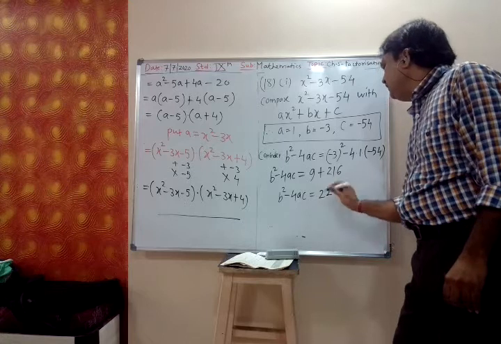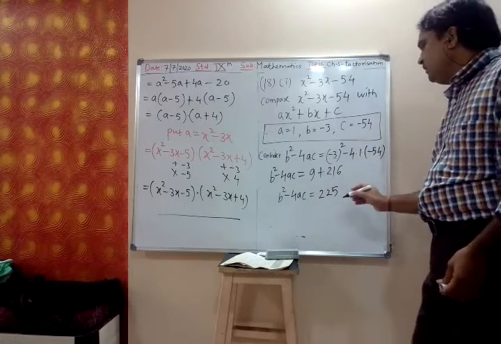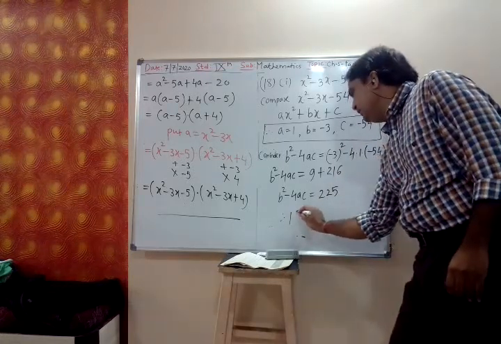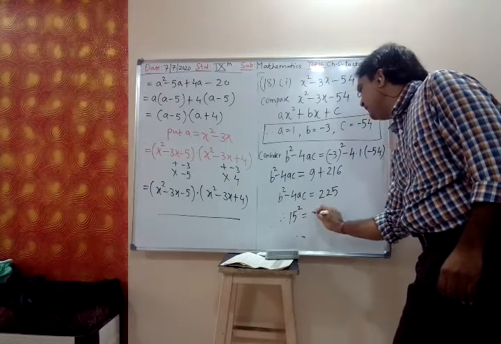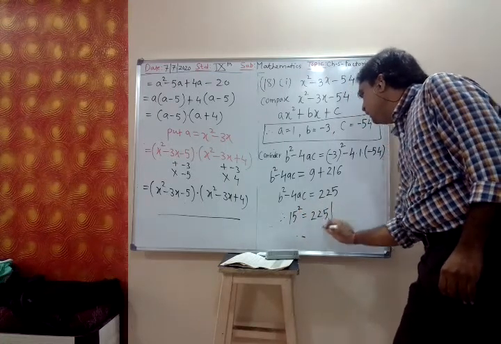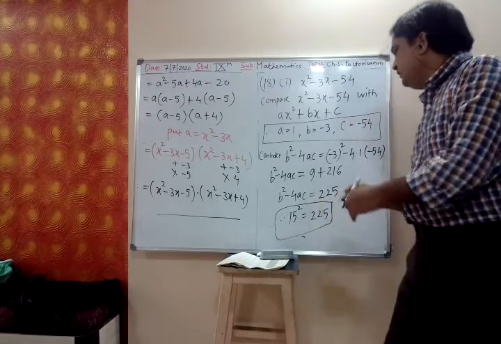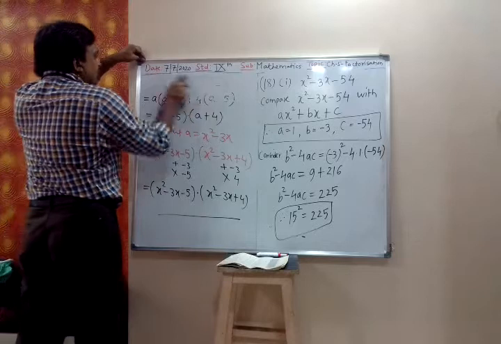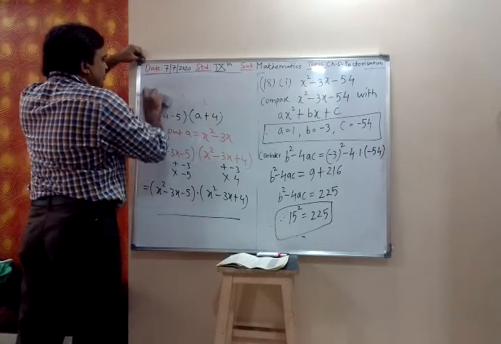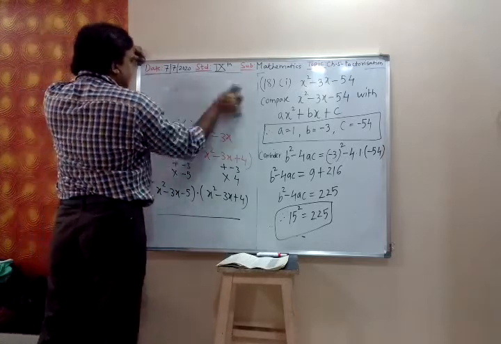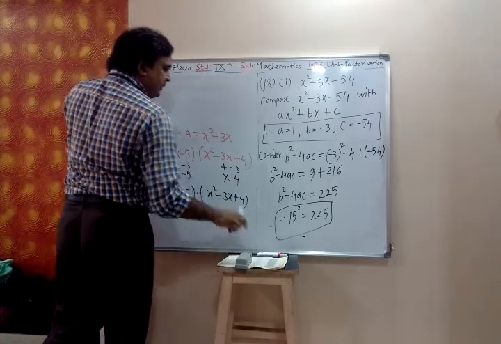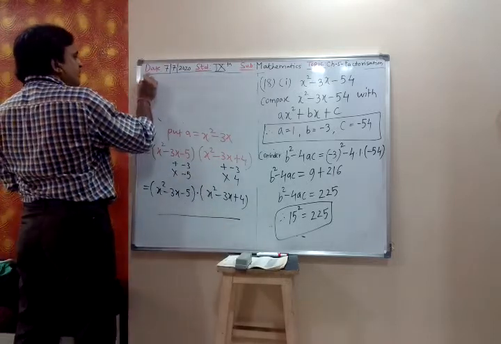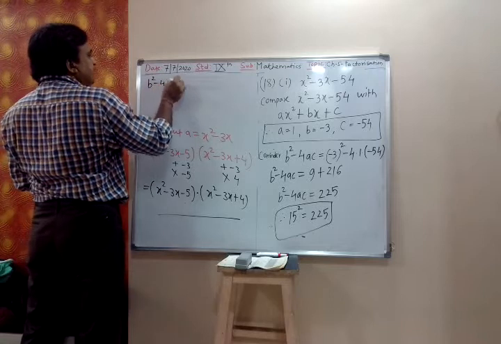Now 225 is a perfect square, since 15 square is 225. That means b square minus 4ac is a perfect square.